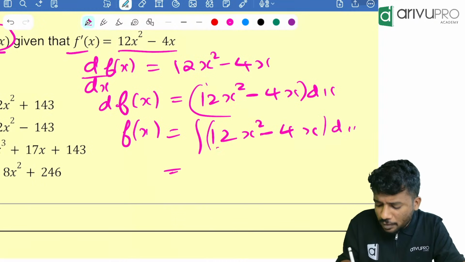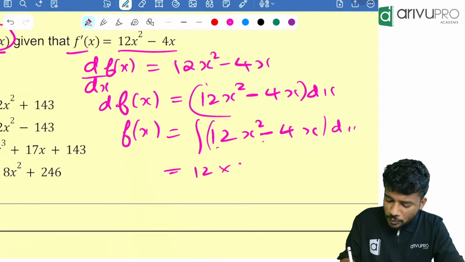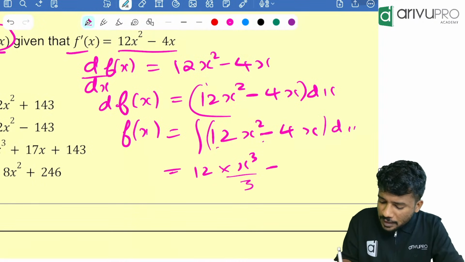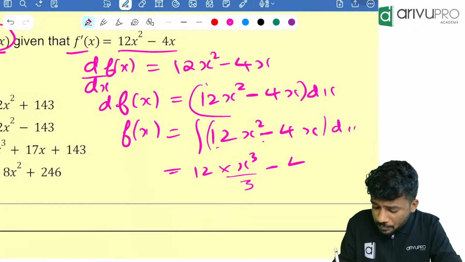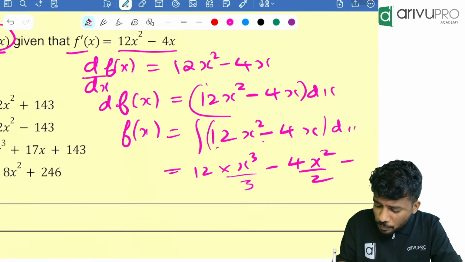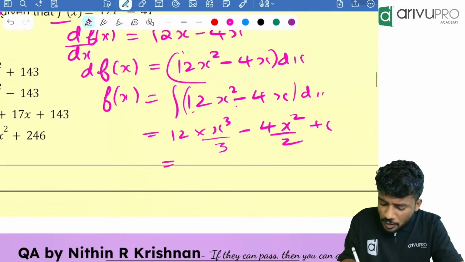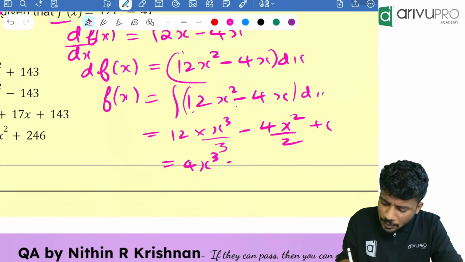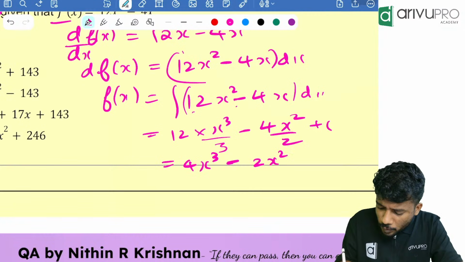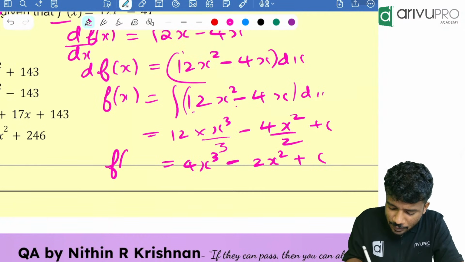What is the integral of 12x square? That is nothing but 12 into x cube by 3, minus integral of 4x, which is 4 into x square by 2, plus c. Which is nothing but 4x cube minus 2x square plus c, that is the value of f of x.